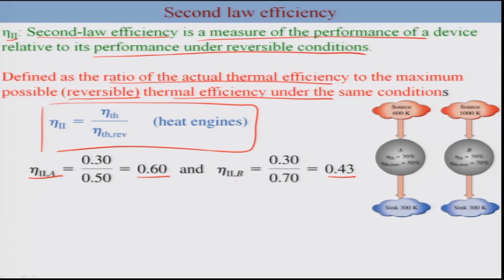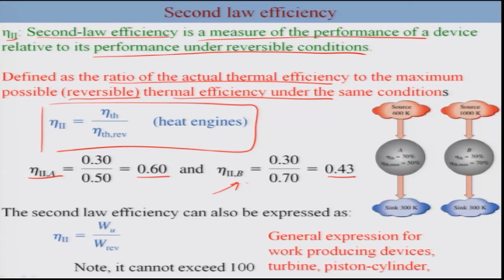Clearly it indicates that the second device is performing inferior to the first device, which is A. The second law efficiency can also be expressed in terms of useful work: the amount of useful work for the particular device divided by the maximum possible amount which can be extracted from this device. This is the expression for a work producing device such as a turbine or piston-cylinder, and certainly it cannot exceed 100%.